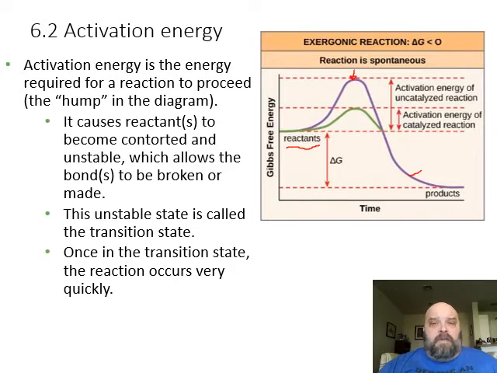You'll notice just below the purple line is that little green line that still has a bit of a hump, but it's a much smaller hump. What we're going to see in the next lecture is that this coincides with the work of enzymes. Enzymes acting as catalyzers.